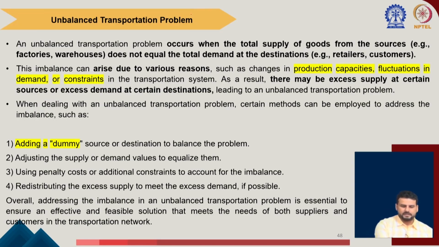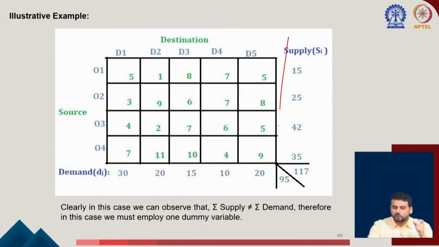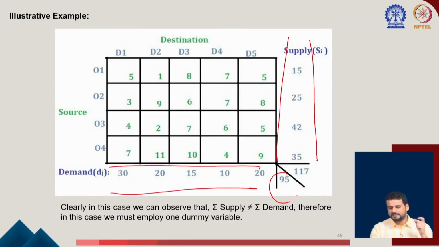First, this unbalanced problem. From the first session we started discussion on this transportation problem. We said the first step is that the problem should be balanced, meaning total supply should be equal to total demand. But in this case you can see our supply is 170 units and demand is 95 units, so we cannot go for optimization.